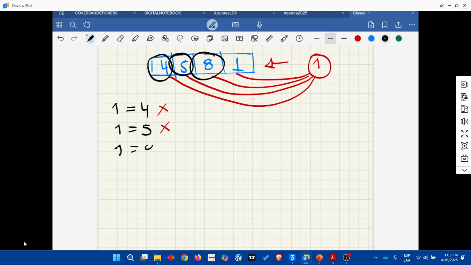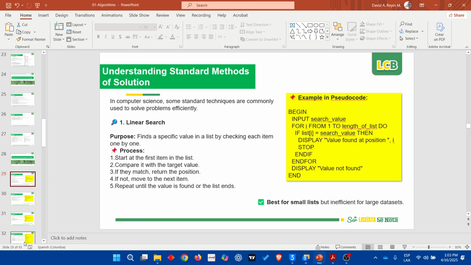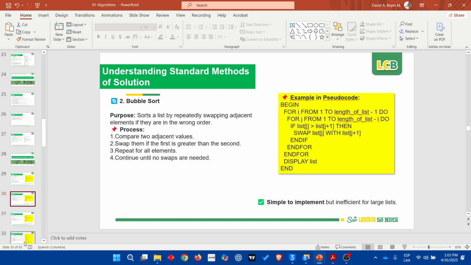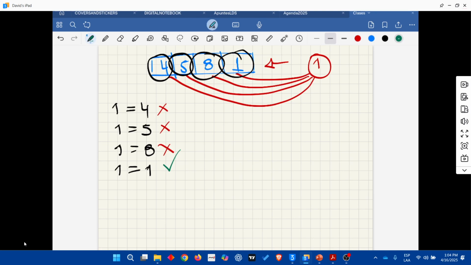Is 1 equal to 8? No. Move to the next one. Is 1 equal to 1? Yes. So we found the number. This is linear search. This one is bubble sort, método de ordenamiento en burbuja.